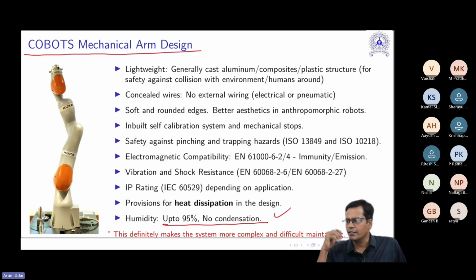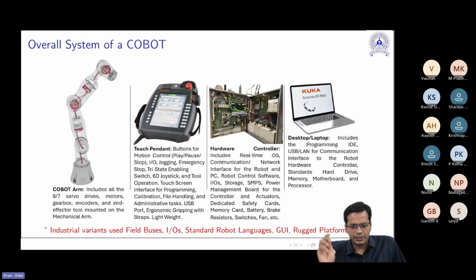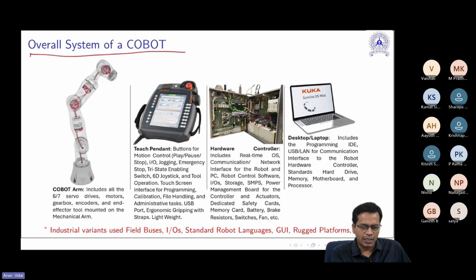Right, I think for the sake of time I can stop here and maybe just run this summary slide. Overall, your current day system looks like this. It is the arm, this is the teach pendant, here is your hardware and your PC which is used to control it, right?